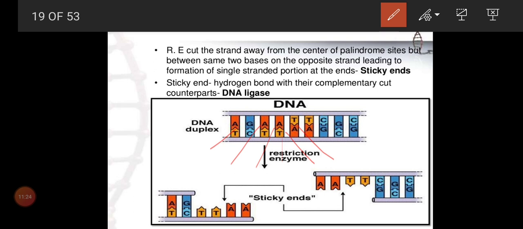This restriction endonuclease is going to cut the DNA within the 6 base pairs only. Somewhere it is going to cut, but only within these 6 pairs. That is what we call the recognition site. So the restriction endonuclease recognizes a 6 base pair part of the DNA, and it is going to cut only in that part. That's the thing we are telling.